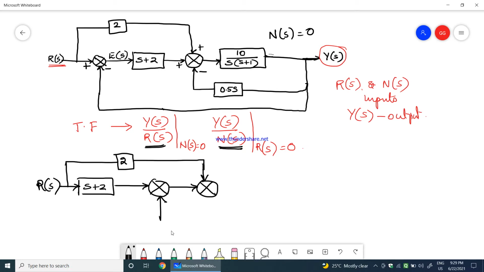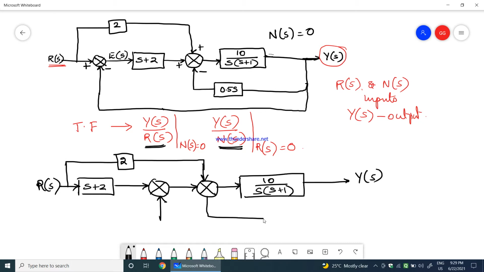This will remain 10 divided by S into S plus 1, and this will go to Y of S. This will remain 0.5 S, which will again get connected to this.